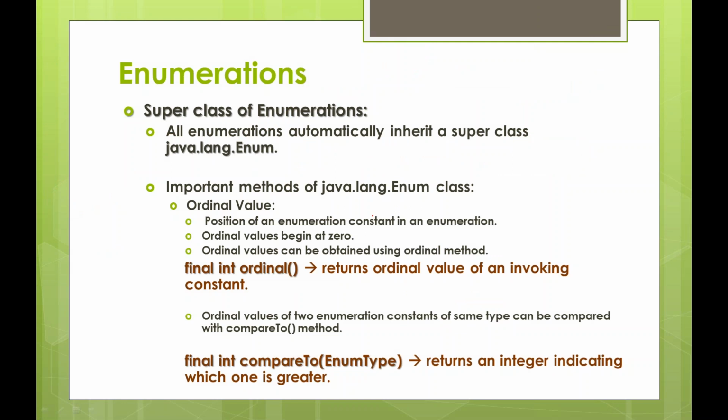A couple of important methods are ordinal and compareTo. What is the ordinal? We have defined all the months. We are familiar with array indexes, right?